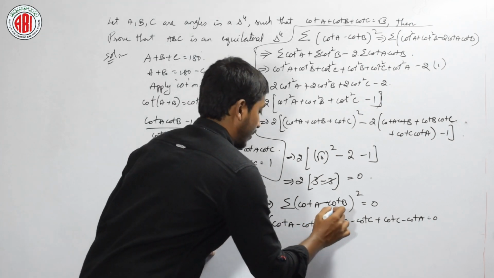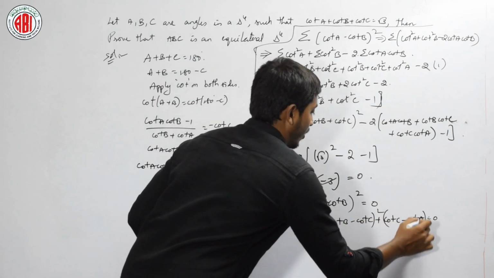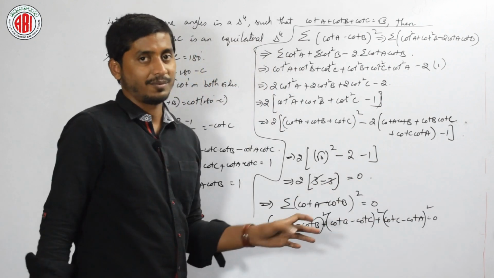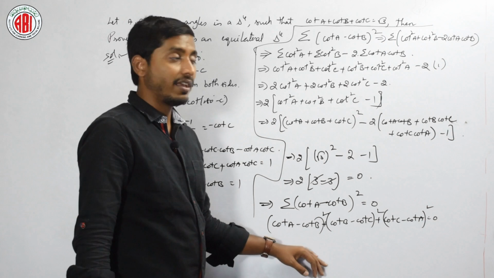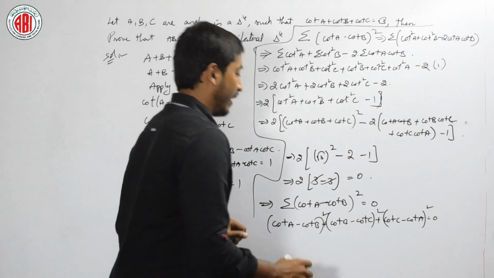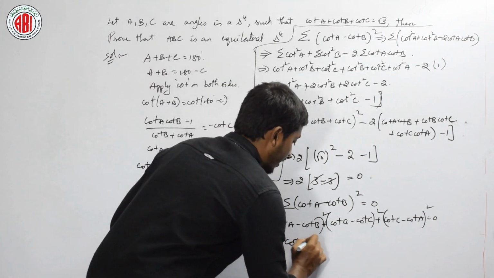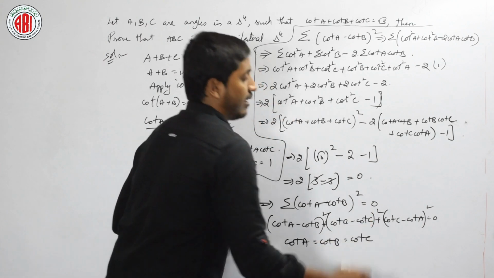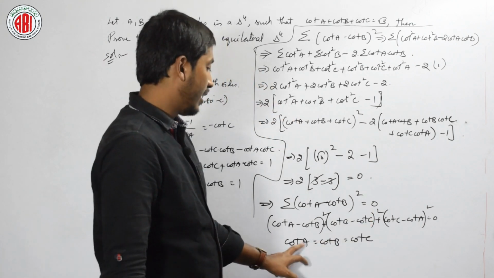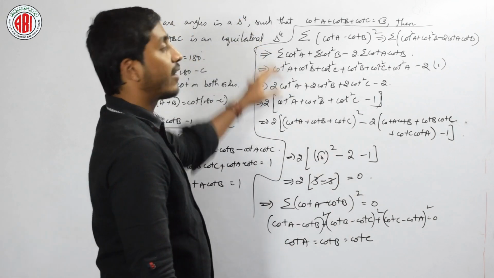You can even place the square also. Both are the same, however, if we send the square outside, it will be equal. When will this be equal? Only when cot A is equal to cot B is equal to cot C. Is it clear? Here A, B, C are the three angles of a triangle.